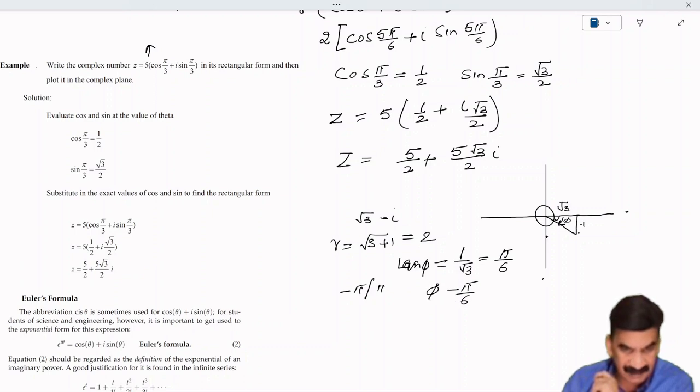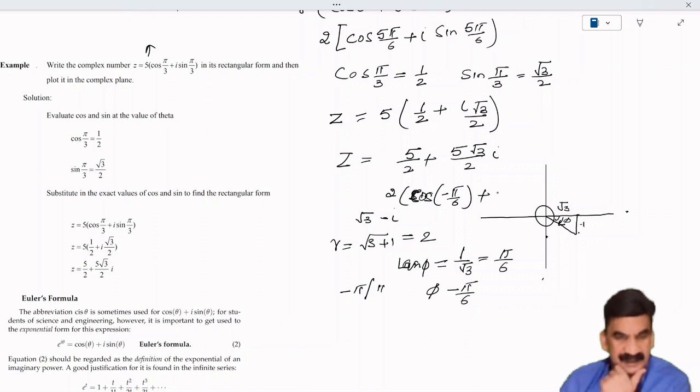This will be my theta. So the complex number that I will write now will be 2 times cos minus pi by 6 plus i sine minus pi by 6.